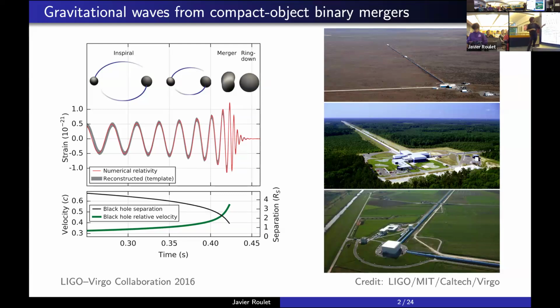And also, we can predict the detailed shape of this gravitational wave from the parameters of the mergers, such as the masses of the black holes and so on, using general relativity. And then, in turn, by measuring the detailed shape of the gravitational waves, we can infer what the parameters of the merger are. And this is what my talk will mainly be about.